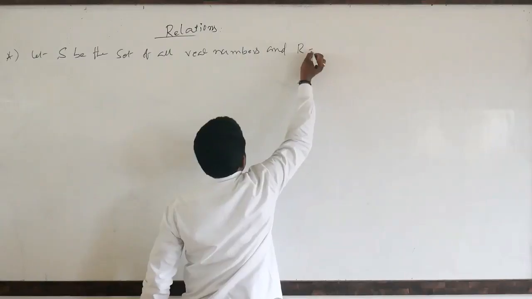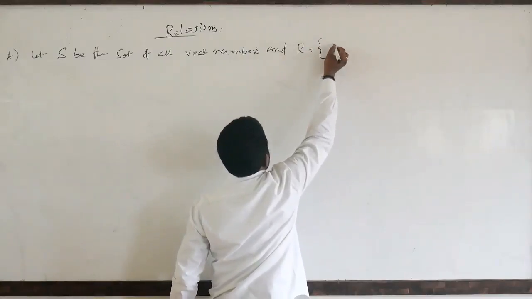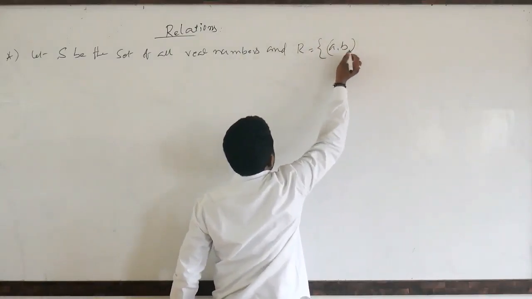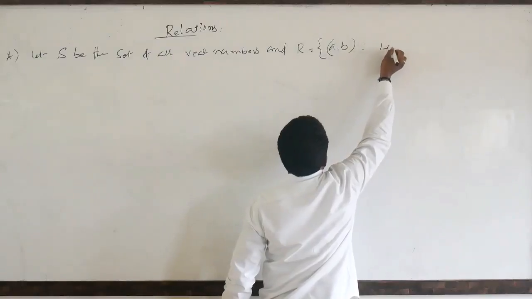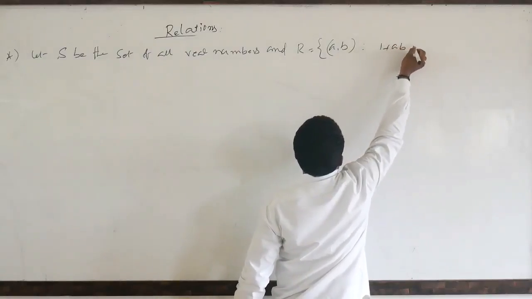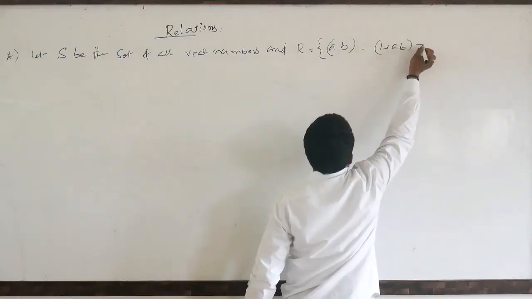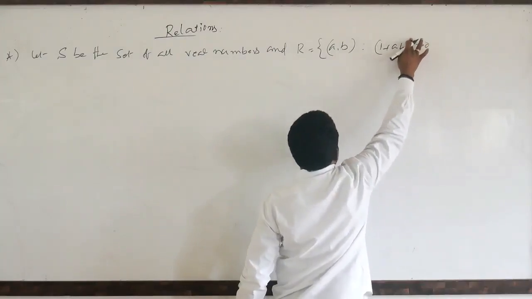They define one relation capital R between A comma B such that 1 plus A into B must be greater than 0.